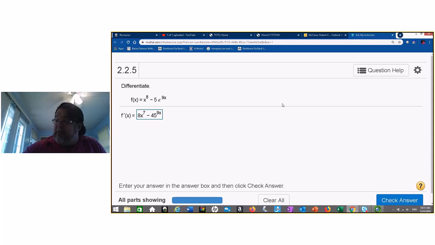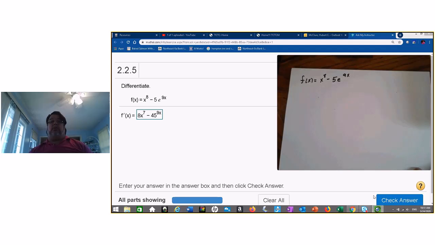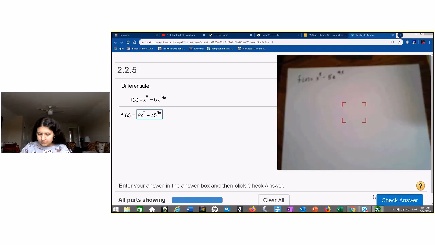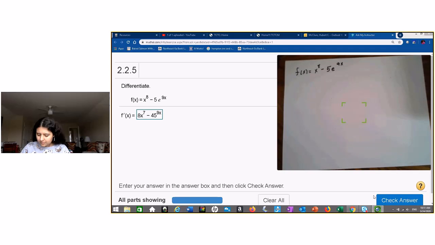F of x is equal to x to the 8th minus 5e to the 9x. All right, this is simple sum and product.